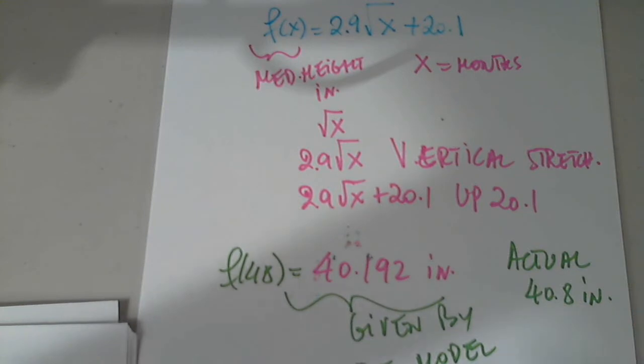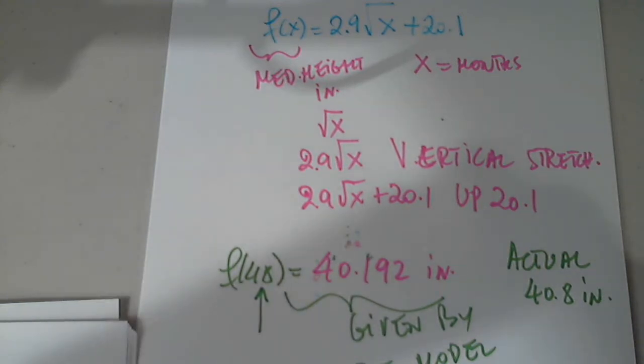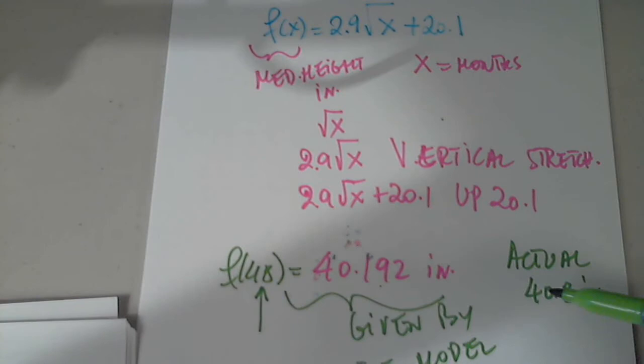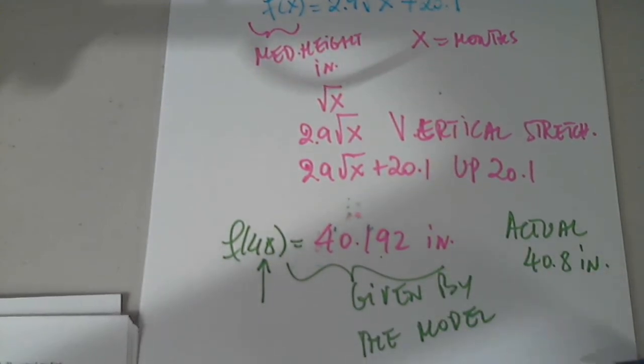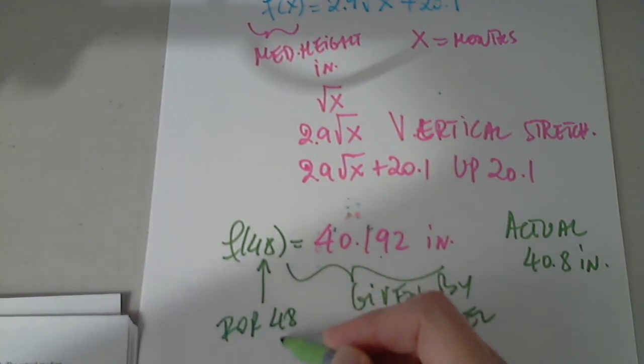Are you happy with the answer? Do you think that for 48, by comparison, would you say that the model is good? It predicts close. It cannot predict perfectly, but it's pretty good for 48 months.